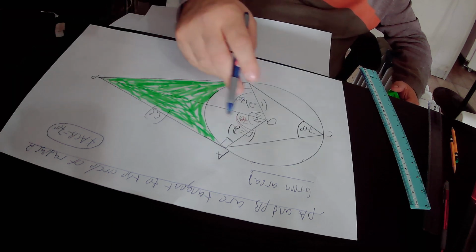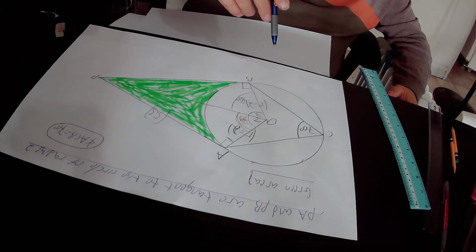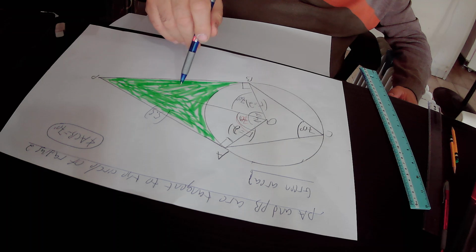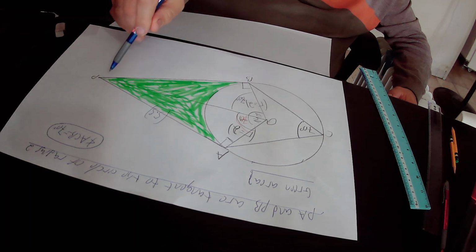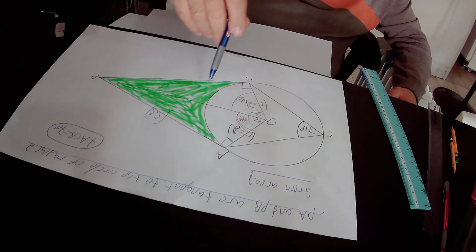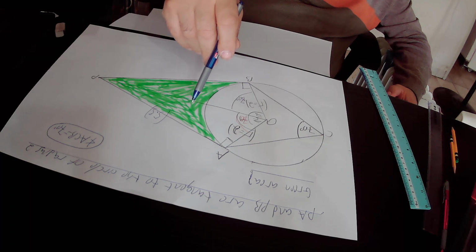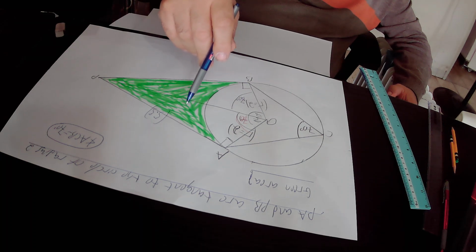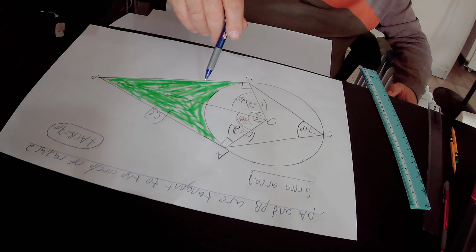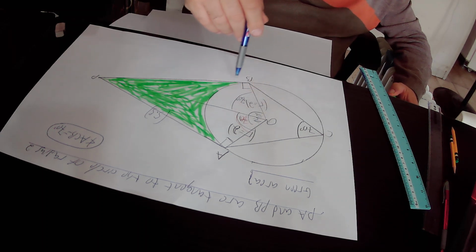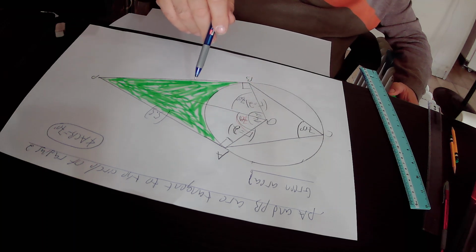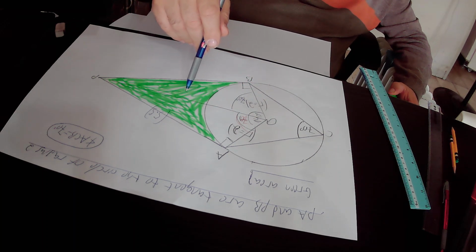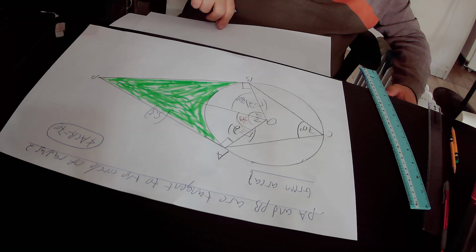I repeat again, the area of this green shape equals the area of quadrilateral AOBP, that is the area of the right upper triangle AOP plus the area of the right lower triangle BOP, minus the area of this sector AOB, which will give us exactly the area of this green shape. Okay.